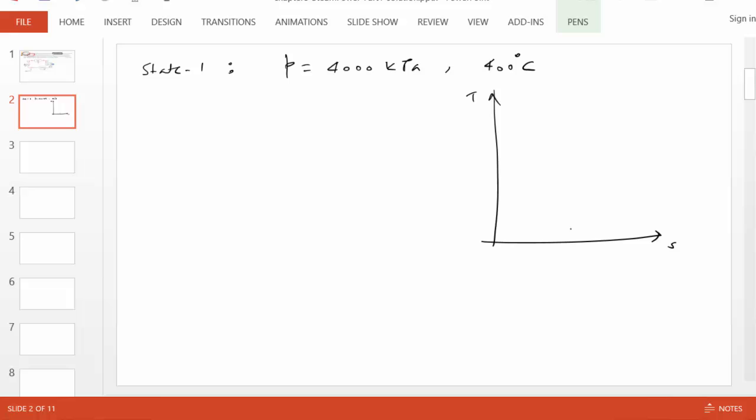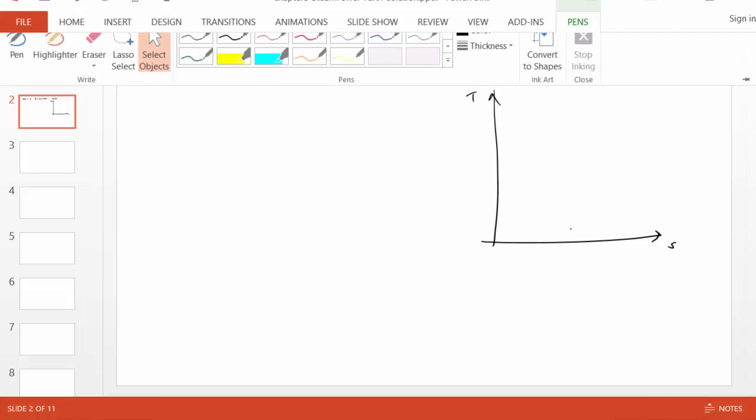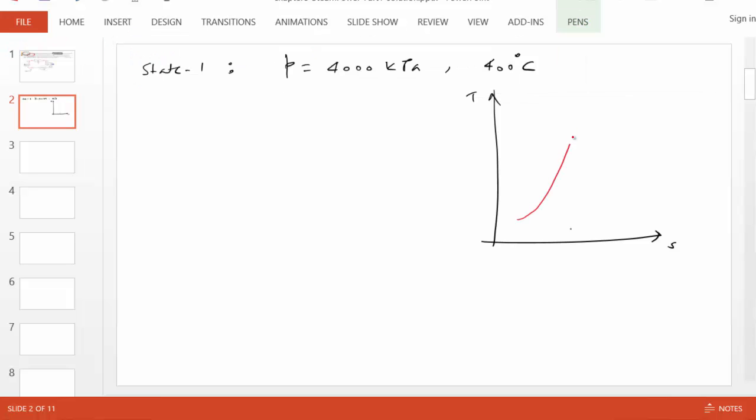is to draw the dome and a constant pressure line on it. It's a very high pressure line, so it's 4000 kPa. So where would be state 1?